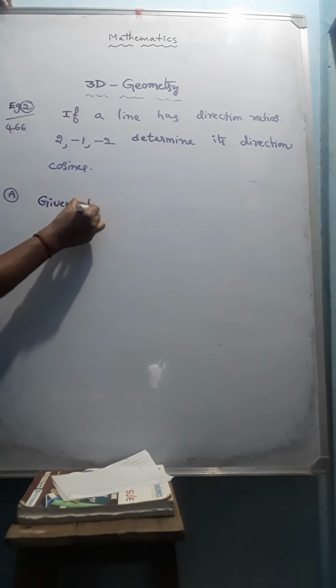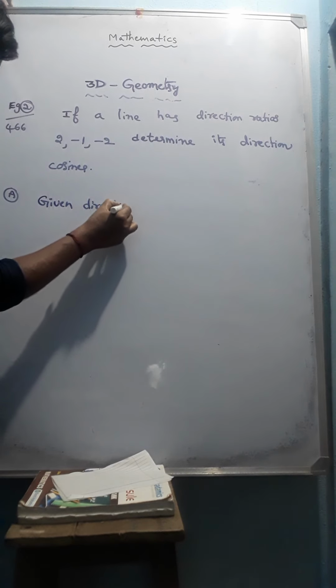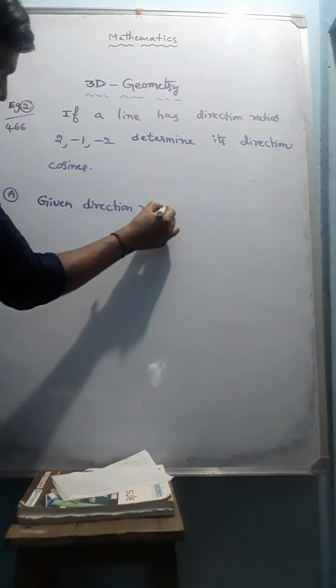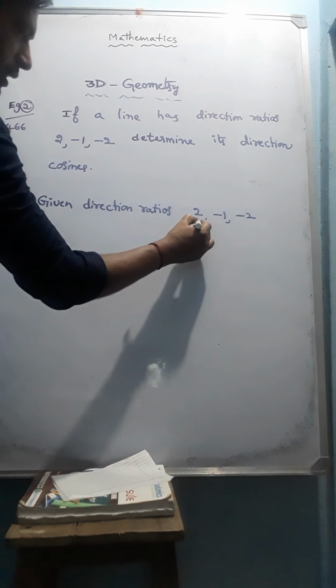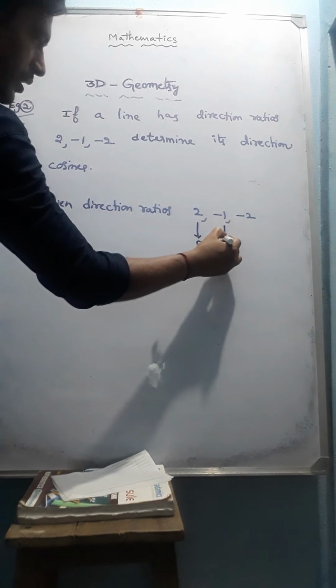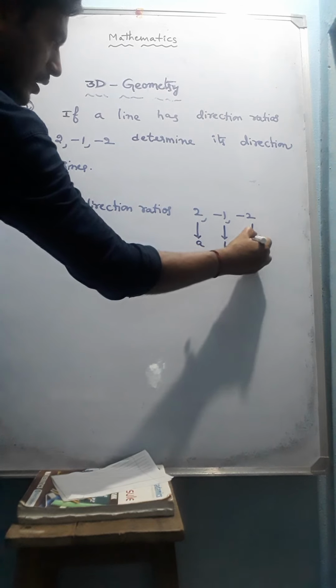So answer. Here they are given direction ratios 2, minus 1, minus 2. Direction ratios are denoted by small a, small b, small c. So this is small a, this is small b, this is small c.